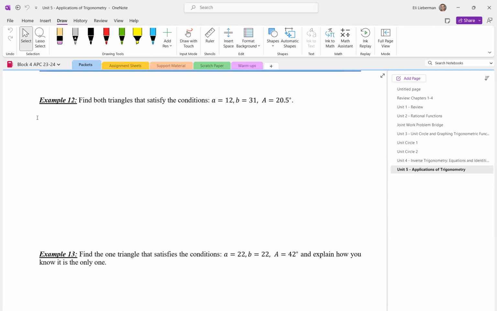Ultimately, 3 decimal places for side lengths, 1 decimal place for angle. I'm sure you've checked on your neighbor, make sure they have the right two triangles.